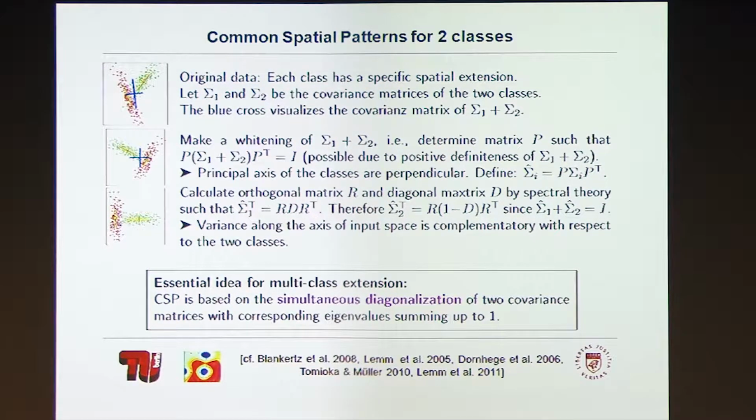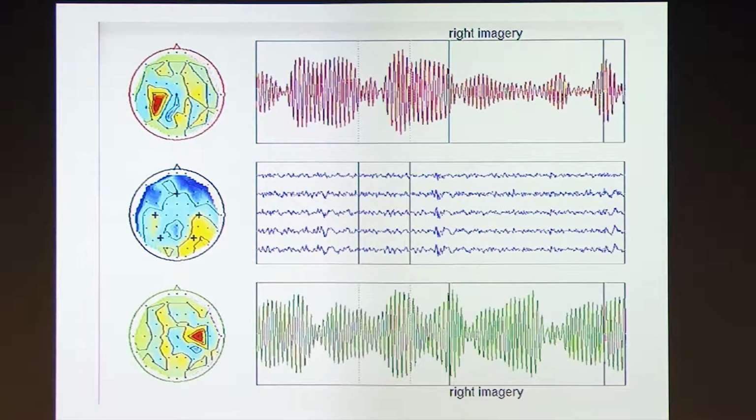That's called common spatial patterns, and it's basically computed by a whitening operation and then an additional diagonalization and 1 minus diagonalization. That's very simple, just linear algebra. If you didn't get it, then we just have a video.